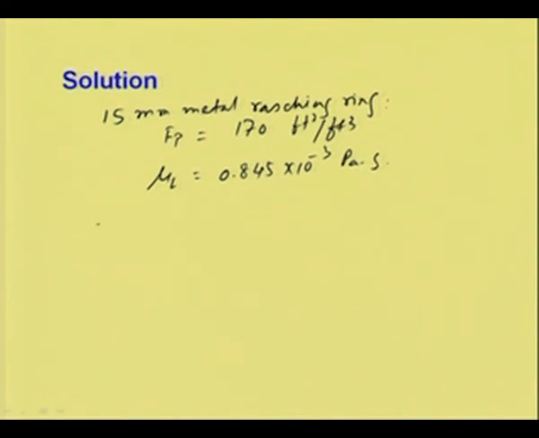So, we know that N is equal to Fp Vfs square mu L to the power 0.1.